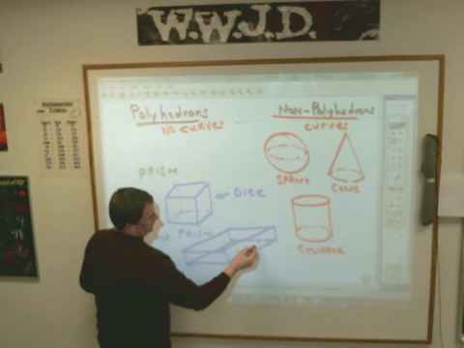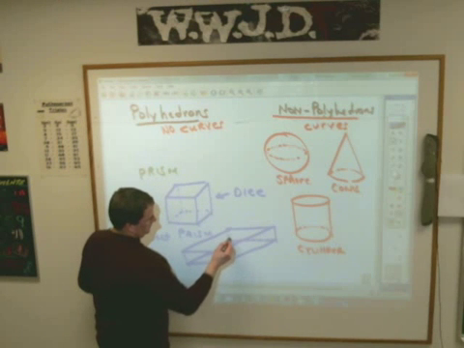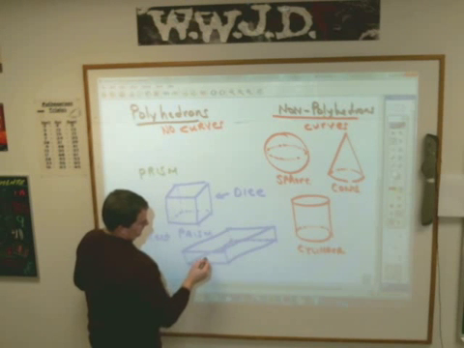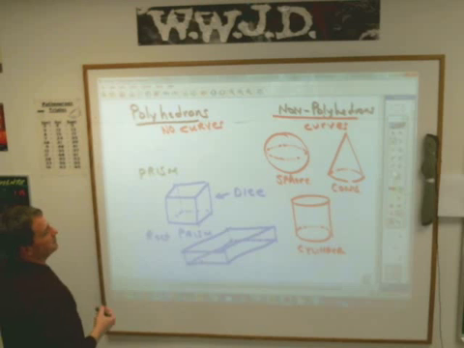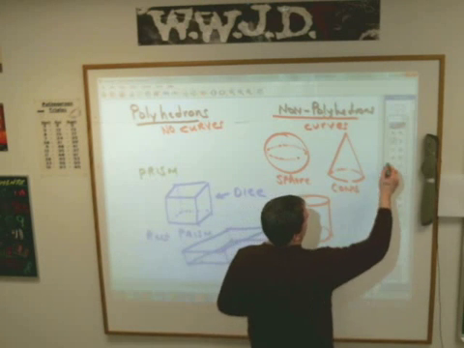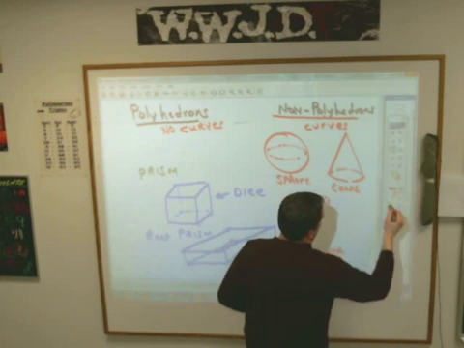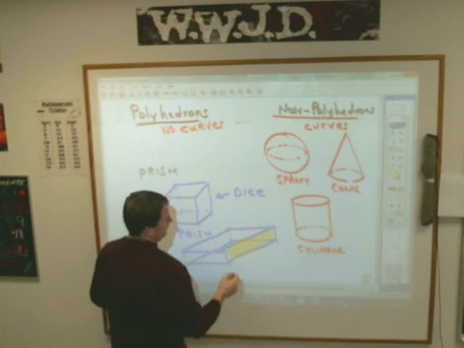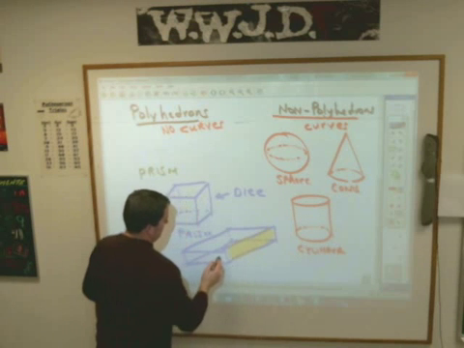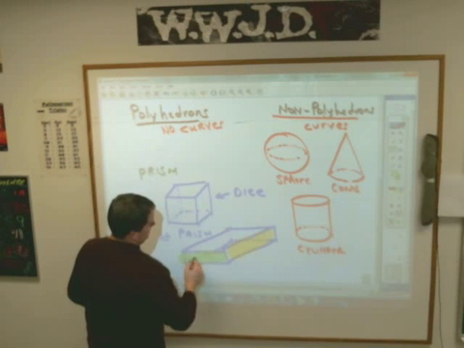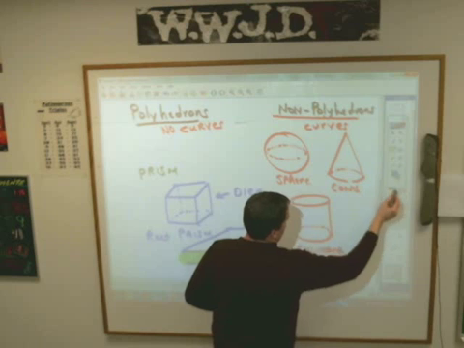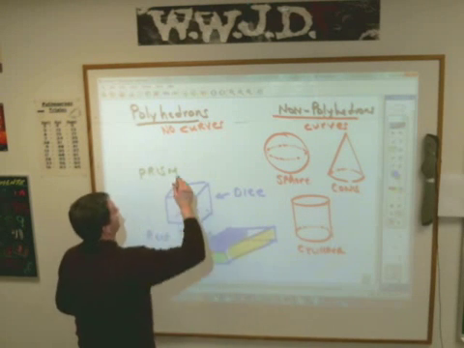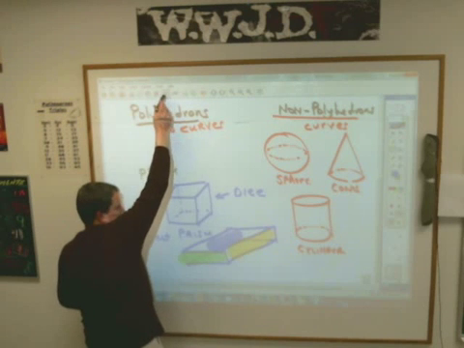That's why it's nice for me to be able to do this. Sometimes it's even better if you do a little shading, where the front is one color, the right side is one color, and the top is a different color.